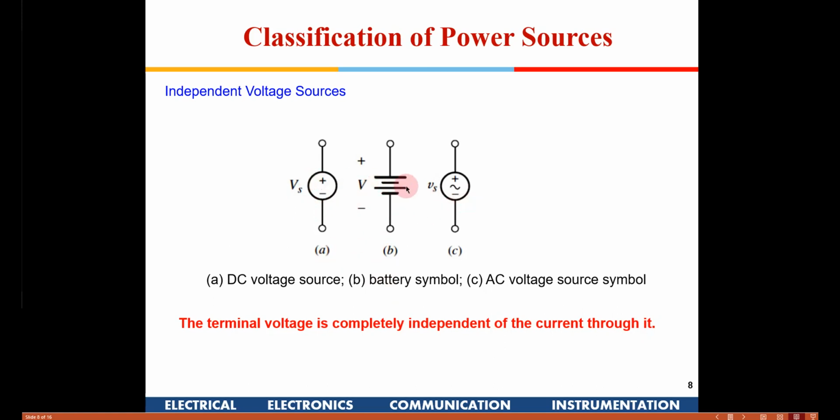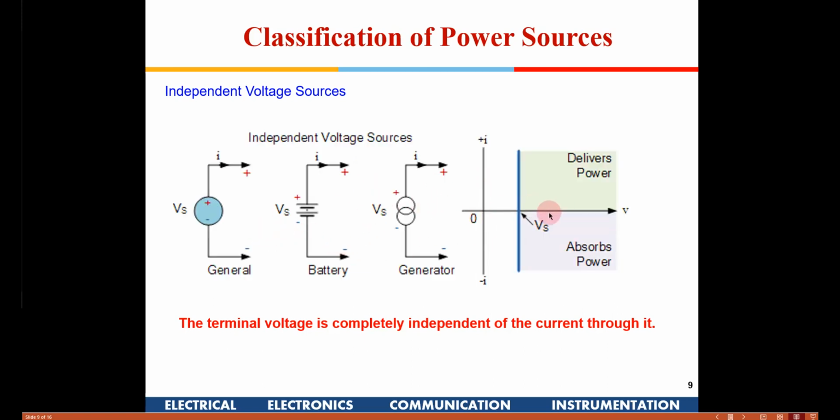Whenever we represent the source only by these symbols, it is assumed they are ideal, and the terminal voltage is independent of the current through it. That means there is no series resistance, and it can provide infinite current. So whenever you are solving problems with these kinds of sources in the circuit, it is assumed the current could be of any value, but the terminal voltage will remain whatever is specified.